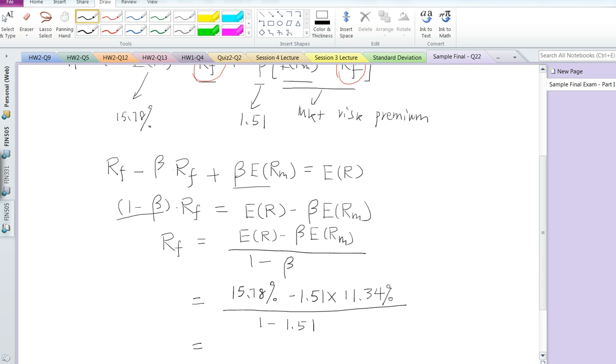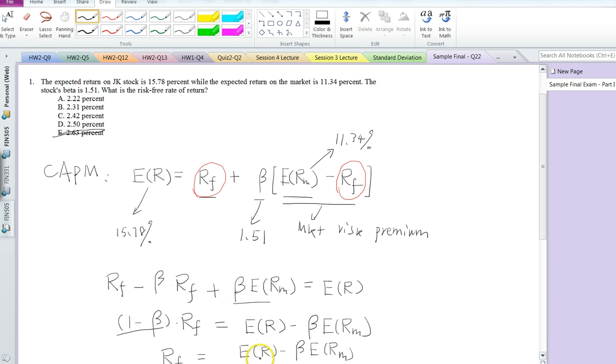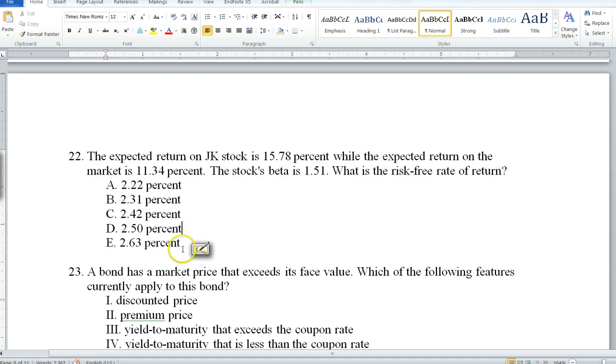Now I plug this into my calculator, and I get 2.63%. That's RF. So our final answer is that the risk-free rate is 2.63%. Going back to the question, we should choose E as the correct answer.